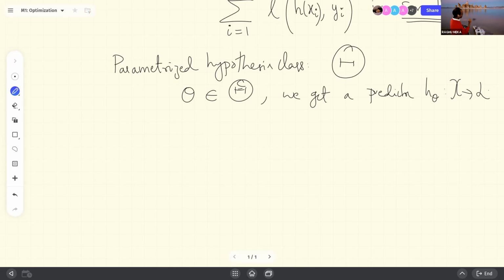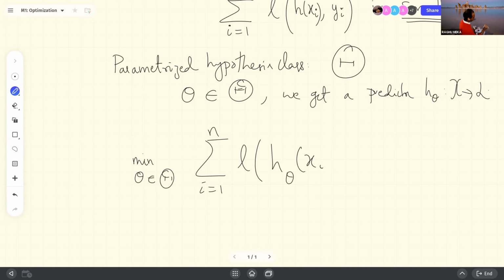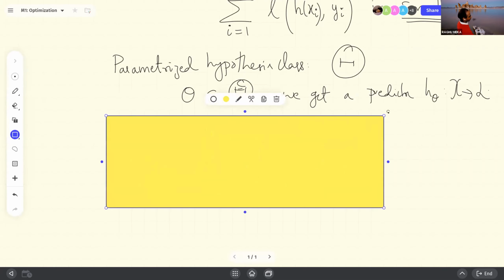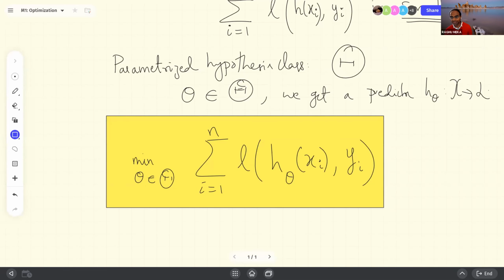So pretty much our goal from now on, for the next few lectures, is going to be the following: find the parameters that come from your assumption about where the hypothesis is.